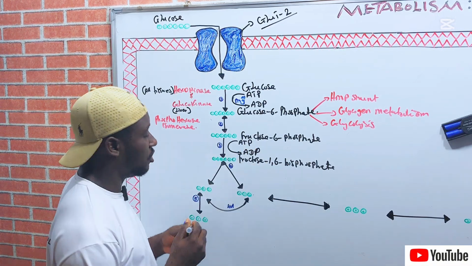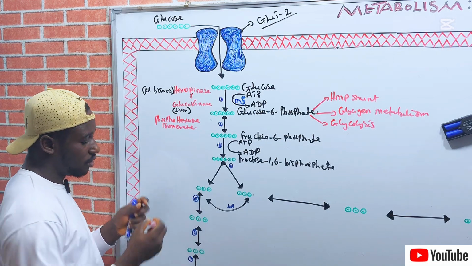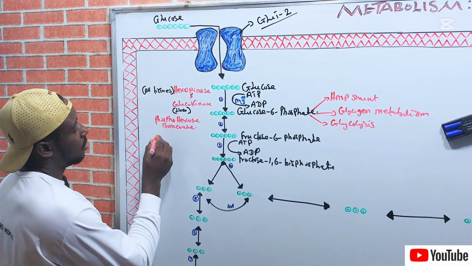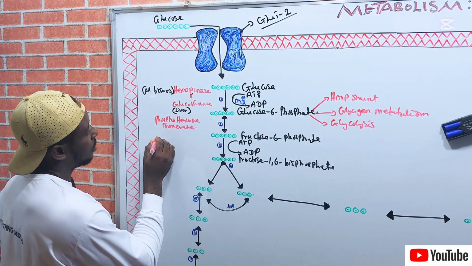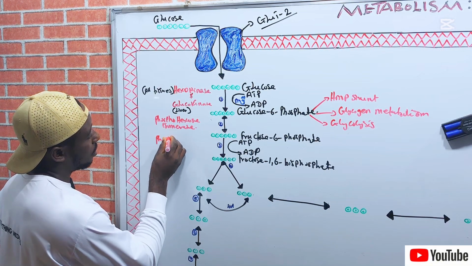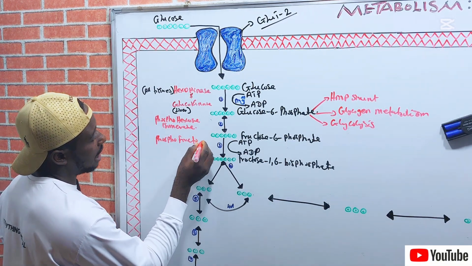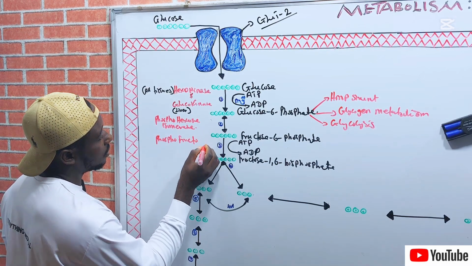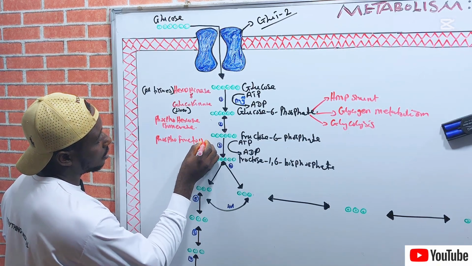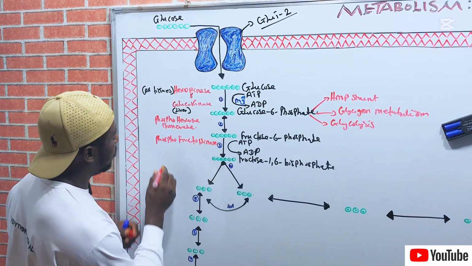1 molecule of ATP is utilized. The enzyme is called phosphofructokinase, PFK.